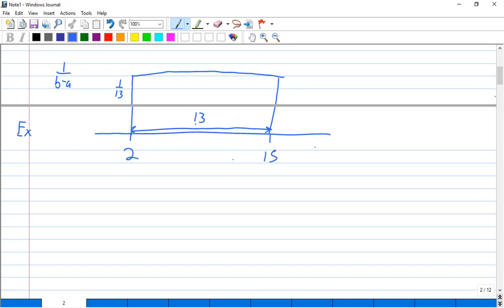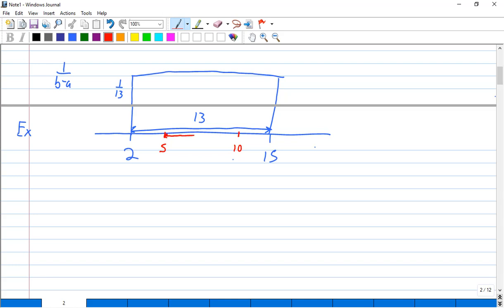We want to know the probability that a truck will reach a fire scene within 5 to 10 minutes. So between 5 and 10 minutes, I'd have maybe 5 about right here, and I'd have 10 probably about right here, maybe a little further over.